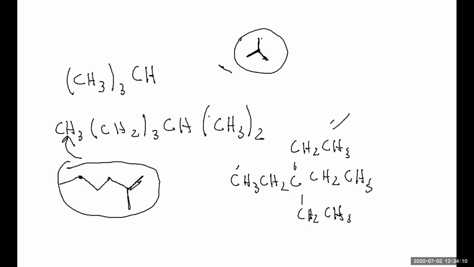So for that one, there's 2 carbons here, then there's a central carbon, and then there's another group here. And then there's another group here, and there's one more like that. So that would be this funny looking thing. Okay, so those are some examples.